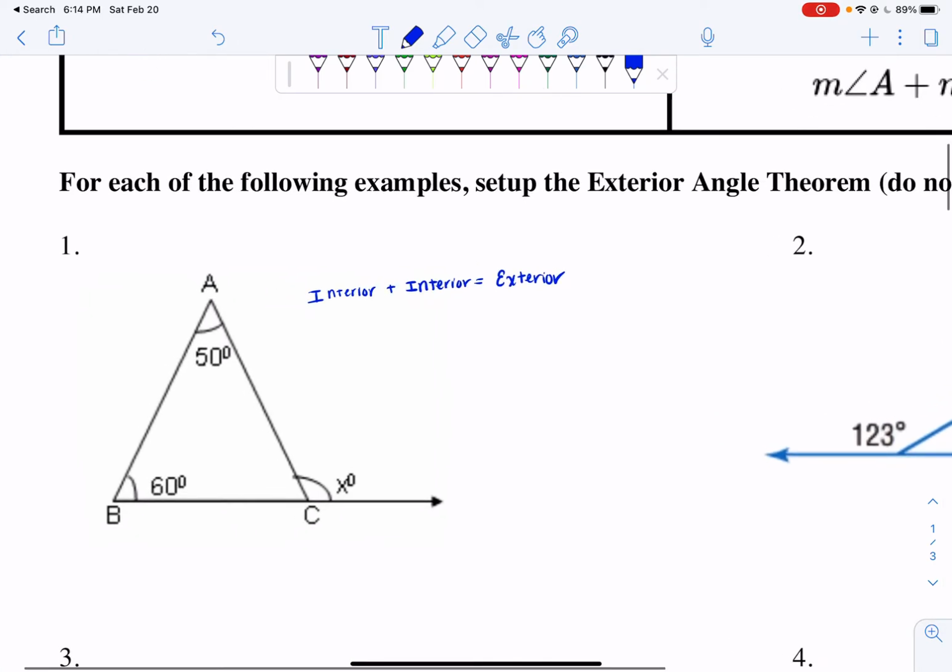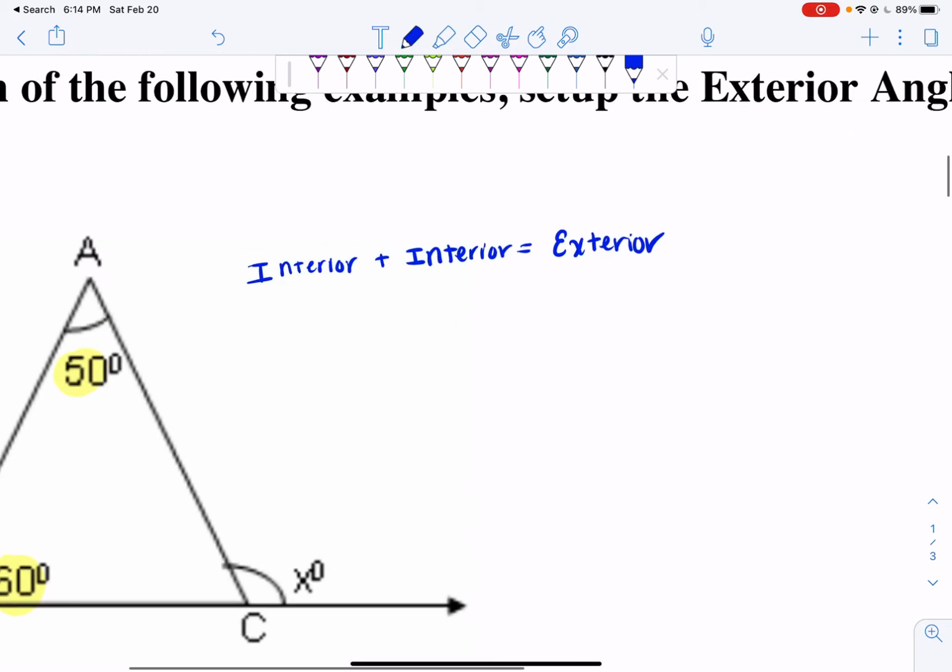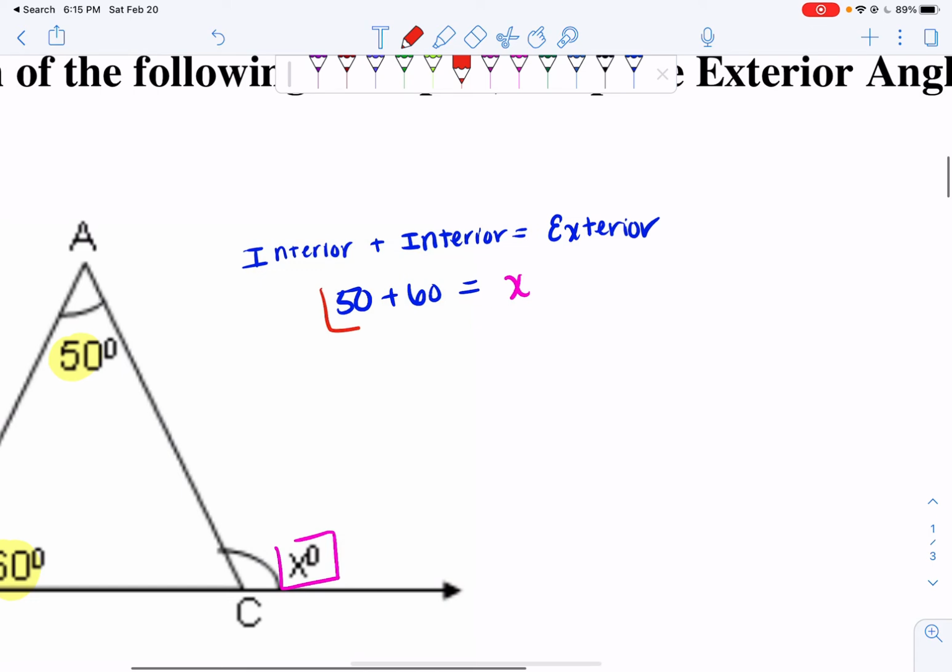If we look at this visual, our two interior angles are a 50-degree angle and a 60-degree angle. So I can say 50 plus 60 equals my exterior angle, which in this situation is x. And that's your final answer.